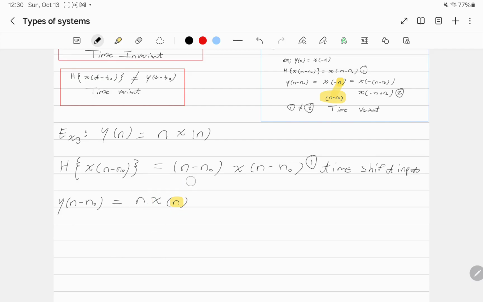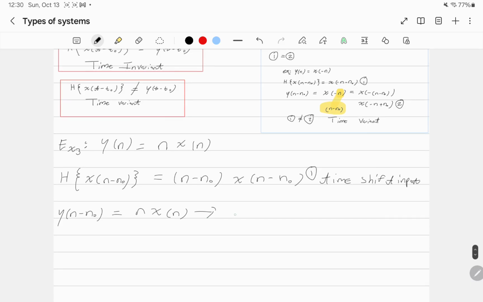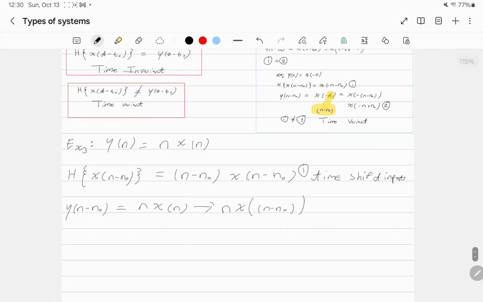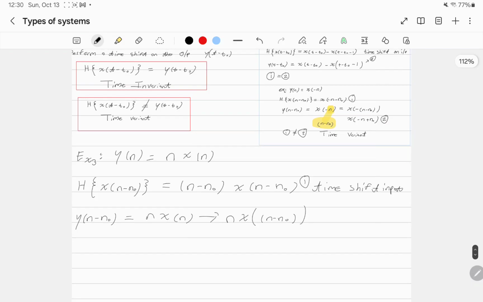Okay. So this will turn into n x of n minus, put extra brackets, n minus n naught, just to show that I substituted it. Okay, so let's call this equation 2, and this is the time shift on the output.